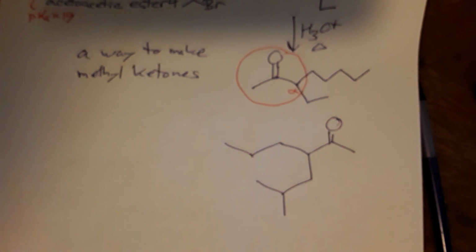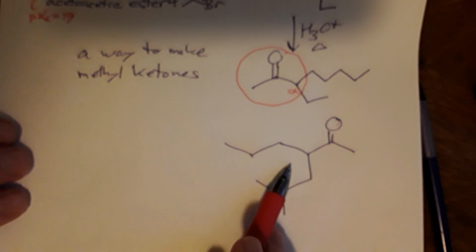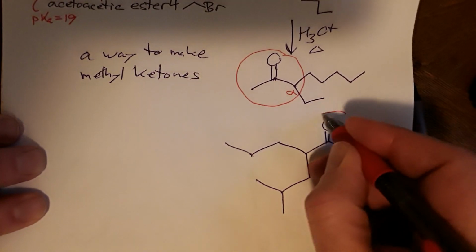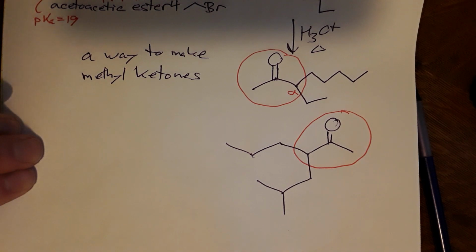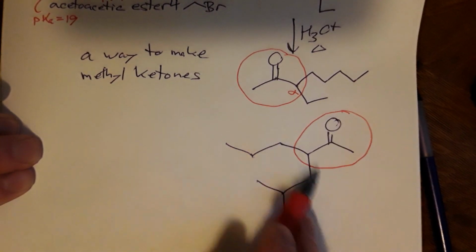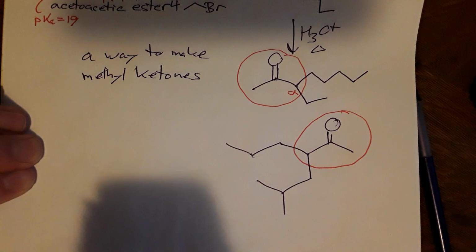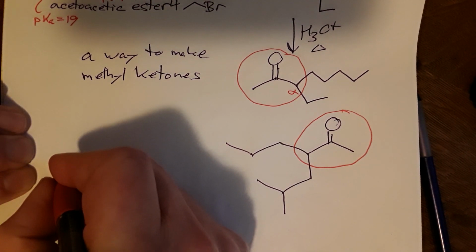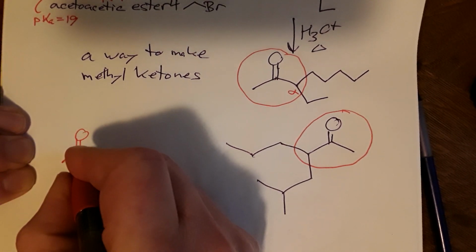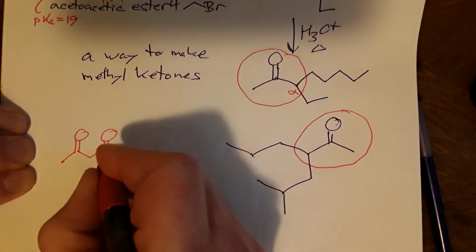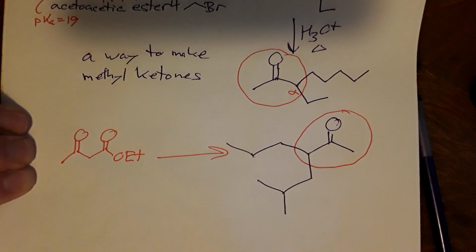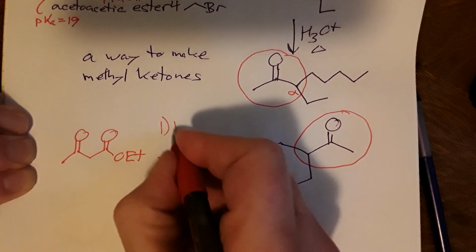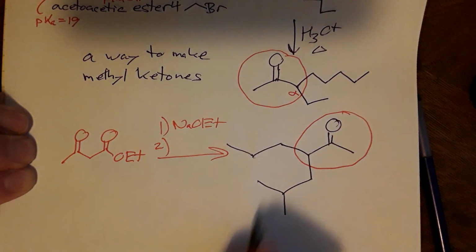Okay, welcome back. Here is your target molecule. You know that this came from acetoacetic ester, and then these other two pieces were your alkyl groups that were attached. So if we're doing this synthesis, we are starting out with acetoacetic ester, and we are adding first sodium ethoxide, second one of these alkyl groups.